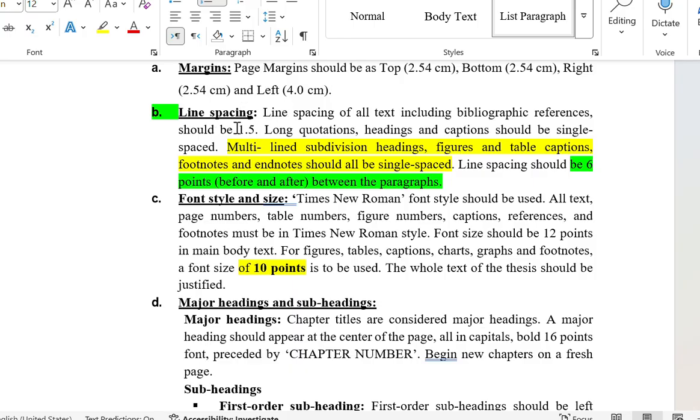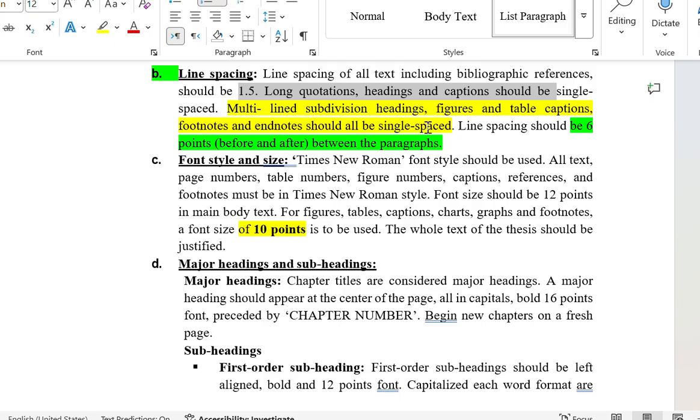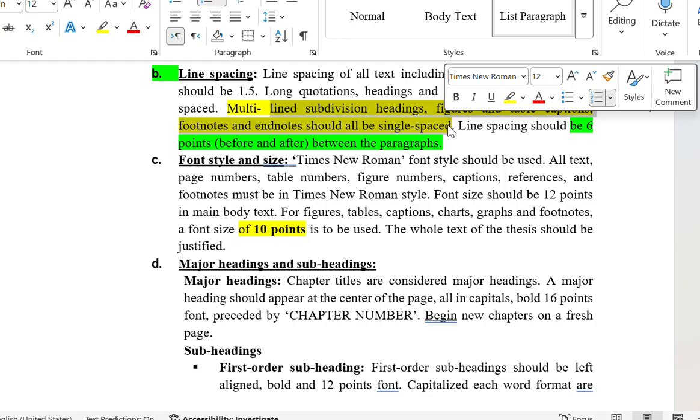Then comes the line spacing. It's normally always 1.5. But for headings like subheadings, figures, tables, any caption, any footnote or endnote, that must be single spaced, okay?